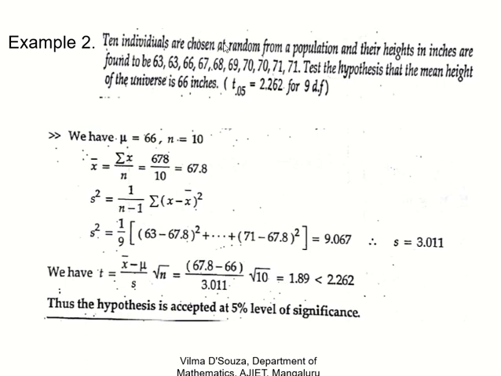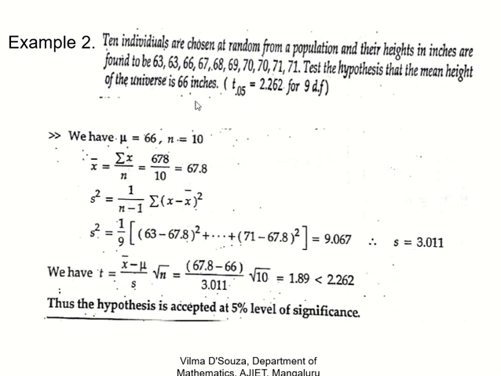So 10 individuals are chosen at random from a population. From a population you are choosing 10 individuals, that is 10 samples, and their heights in inches are found to be this. Test the hypothesis that the mean height of the universe, that is the population, is 66.